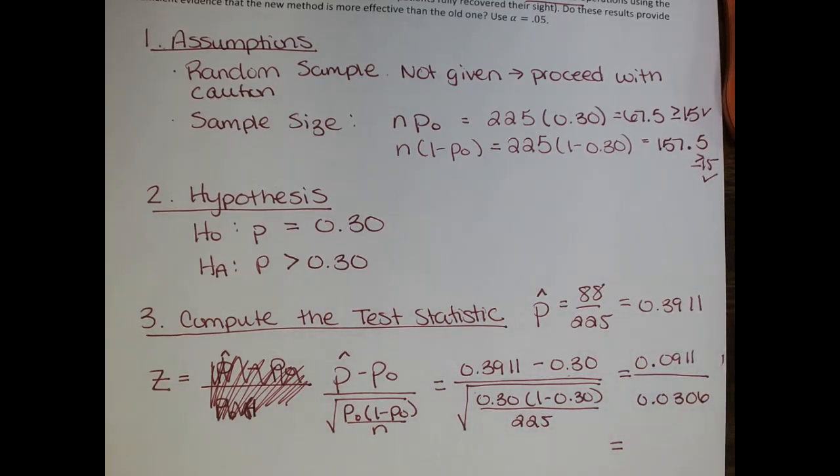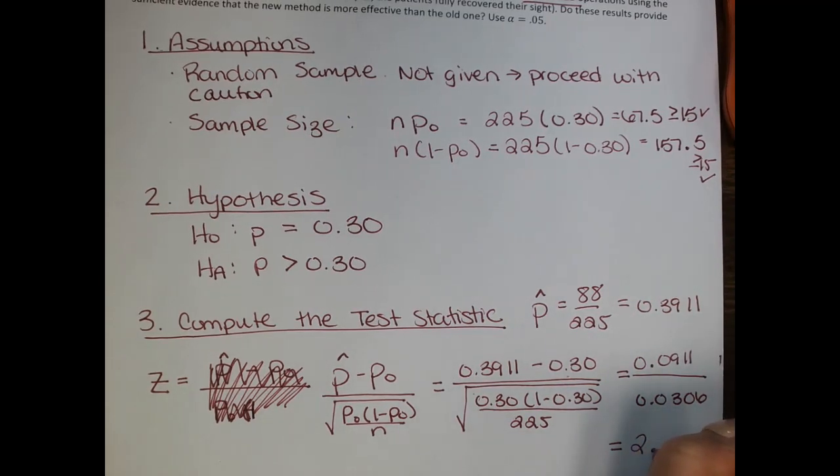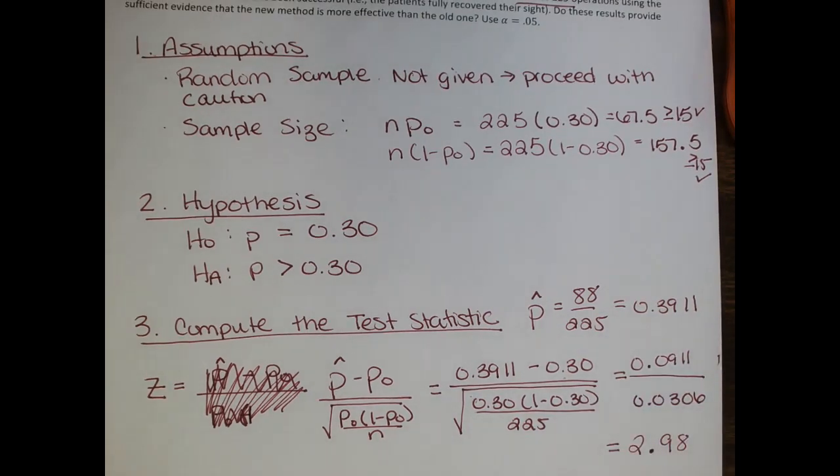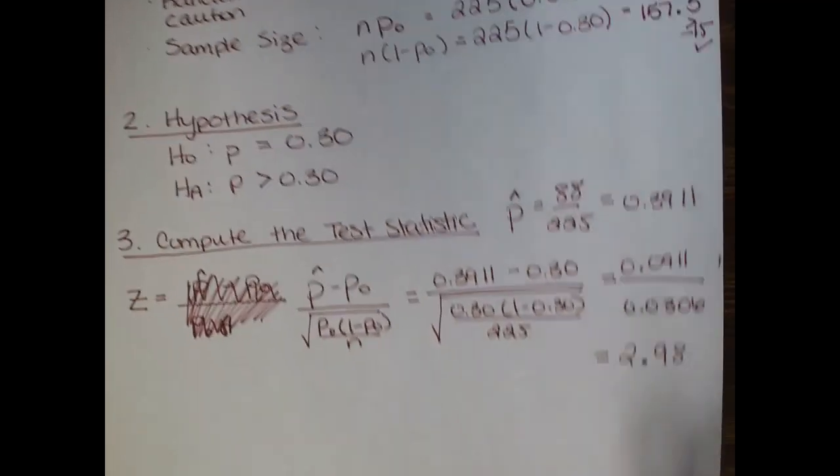Taking the numerator and dividing it by the denominator. And remember, once you get down to the final step of the test statistic, you want to round that to 2 decimal places. All right, now that we've got our test statistic, we can find our p-value.